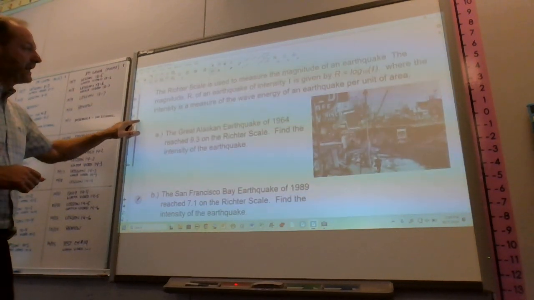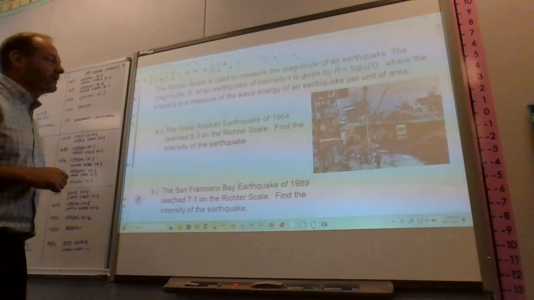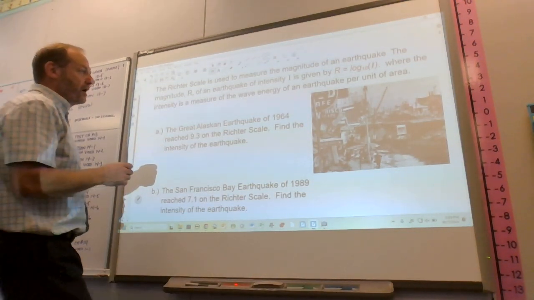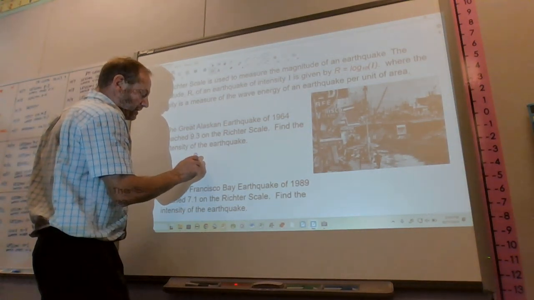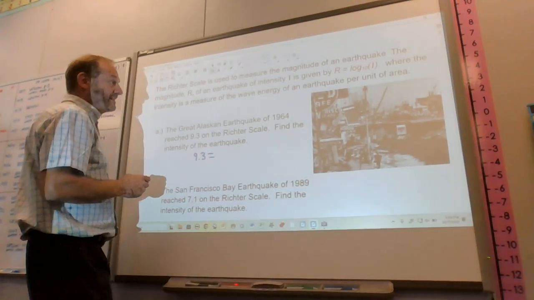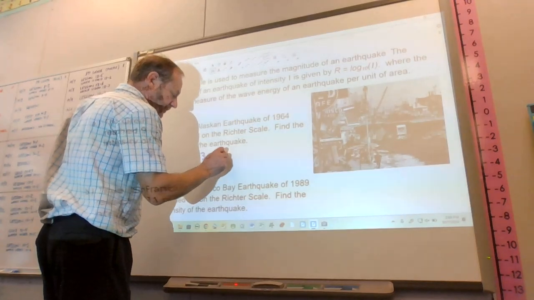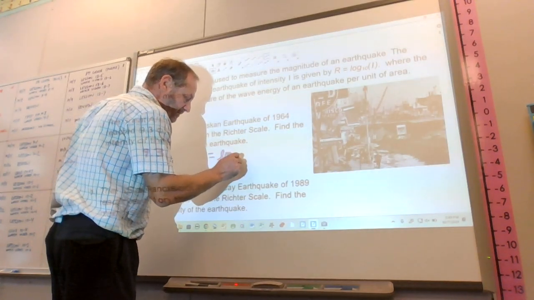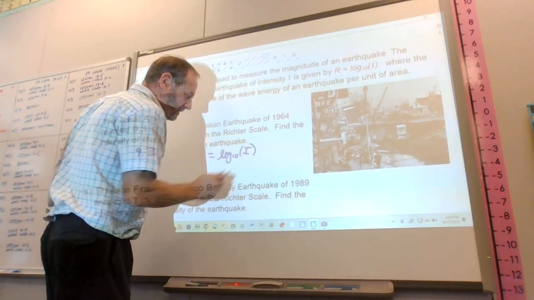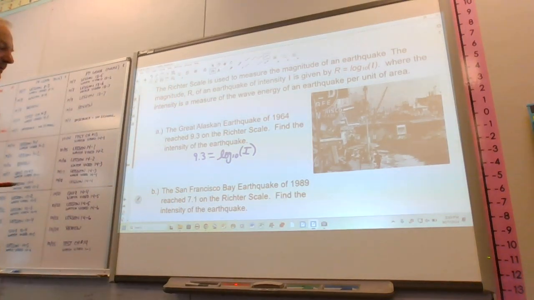Okay, so we're going to go back to this formula. So 9.3, that's the Richter scale, is going to equal the log base 10 of I. Now, how do we get rid of a log?